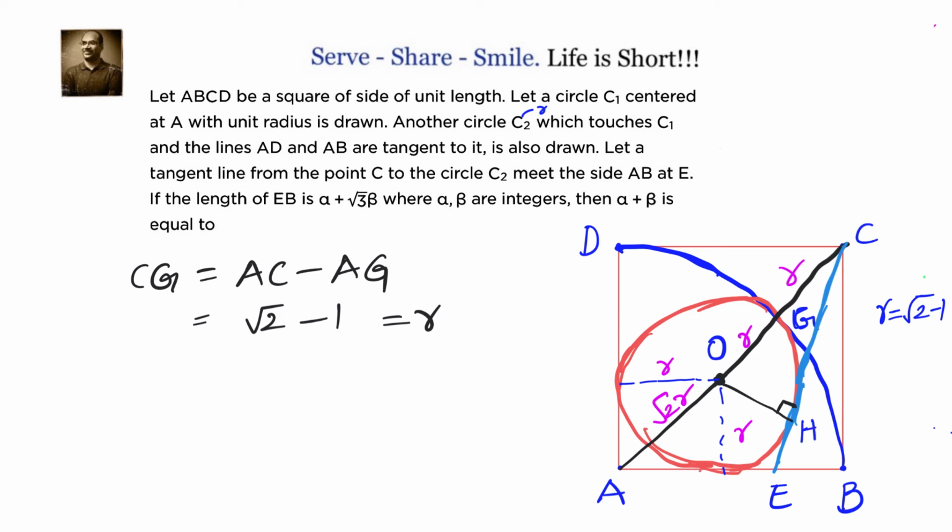You can see that OH is equal to the radius because the C2 radius is r, and we know that OC equals 2r. Just now we realized it. That gives us that angle OCH equals 30 degrees.